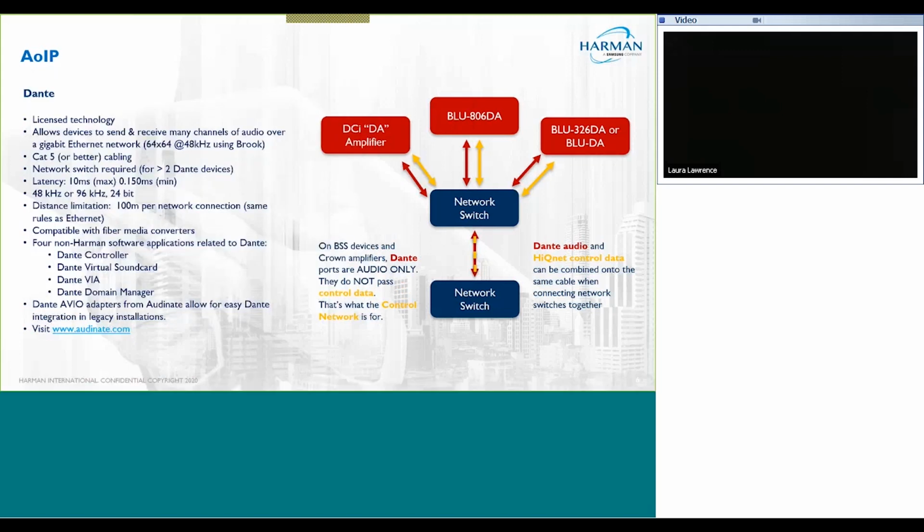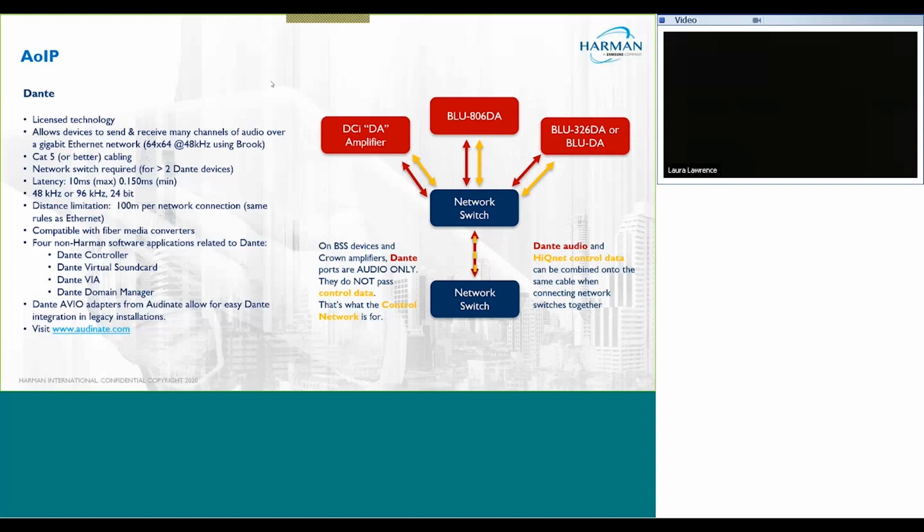It just pops up once that device boots up, and then you launch Dante Controller. Just as a side note here, if you're using Dante Controller on a laptop and your IT department has really restricted some of the ports that are locked down, you need to have those ports open because there are a number of ports that Dante uses to recognize these devices. So keep that in mind.